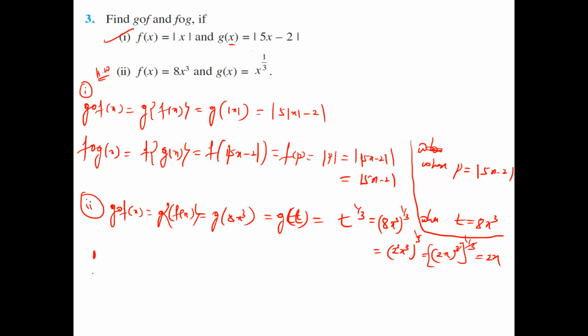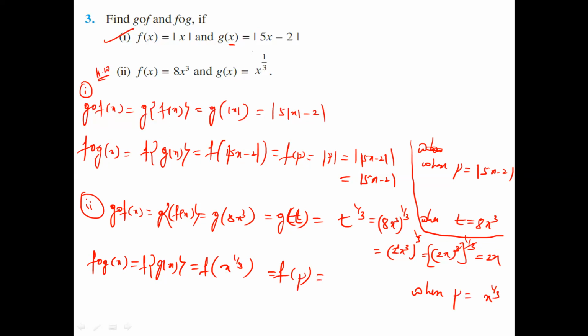Okay, next, F composition of G of X. Now F of G of X. F of, what is the G of X value? G of X value in the second problem is X to the power 1 by 3. Now this one, that is F of P, where P equal to X to the power 1 by 3.